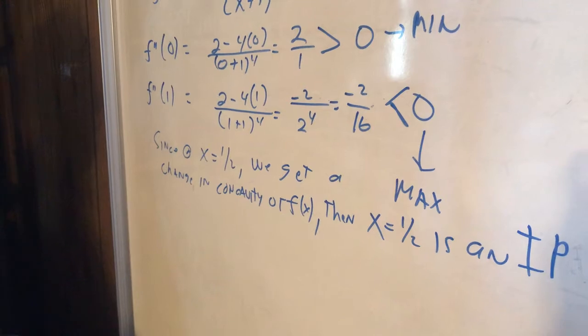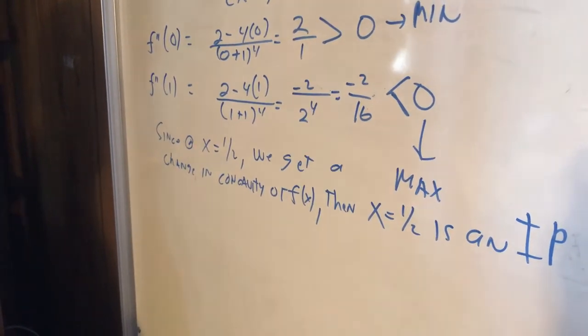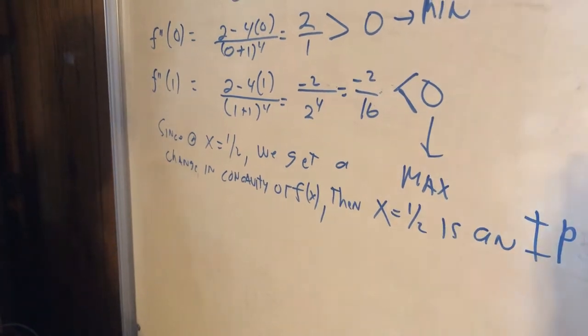The last question is, does that inflection point represent a point of diminishing returns?